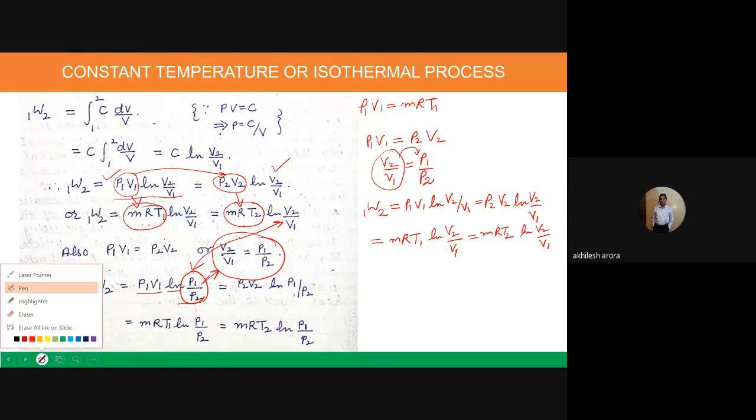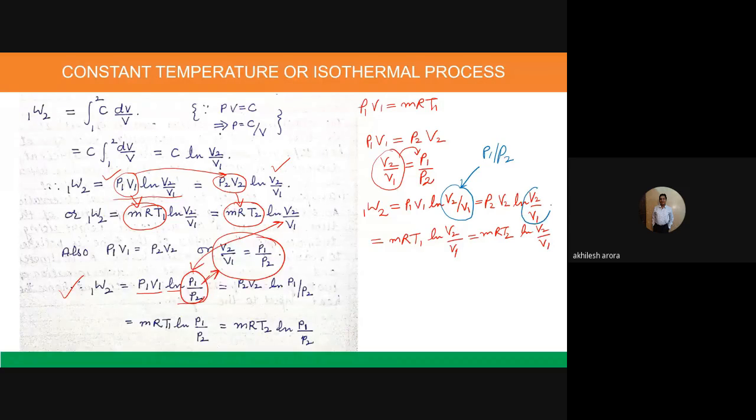So in any case, what I can do is I can always replace this V2 by V1 by P1 by P2 in every equation. So I have in total 8 equations for the calculation of work transfer in case of an isothermal process.